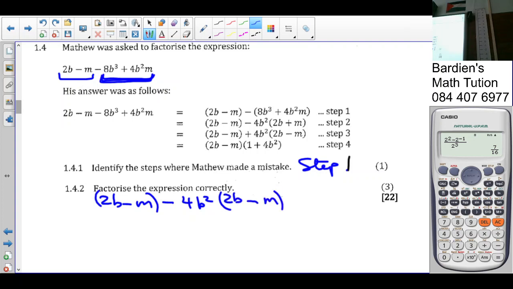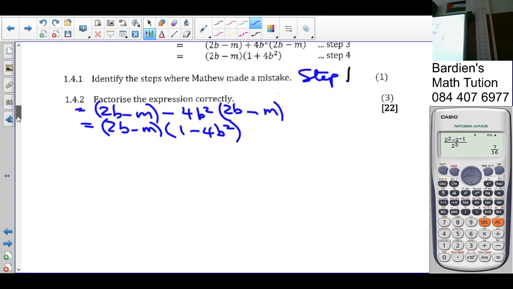Minus. You see, negative 4b squared times negative m is positive 4b squared m. Can you see that? So what do you notice now? The common factor, 2b minus m. What are we left with? 1 minus 4b squared.